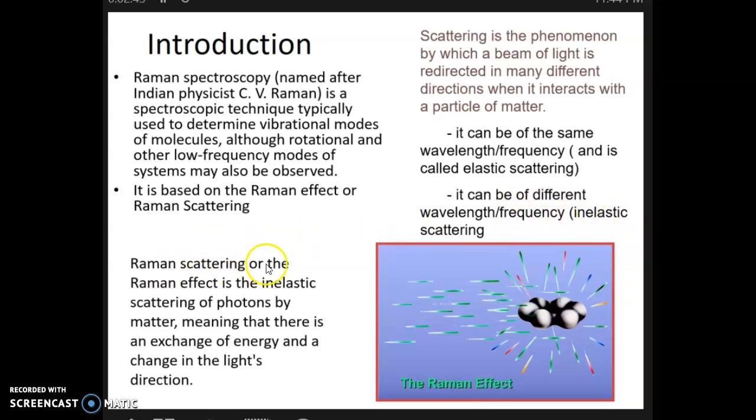So Raman scattering, or the Raman effect, is inelastic scattering of photons or light by matter. After light interacts with the molecule, the molecule scatters the light. Because of the different energy levels of the molecule, the inelastic scattered light is studied in the technique called Raman spectroscopy.